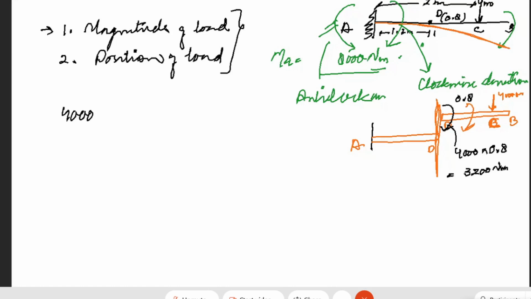Similarly, we can see here that the part DB has a 4,000 Newton load, and that load is providing a moment of 3,200 Newton meter clockwise.